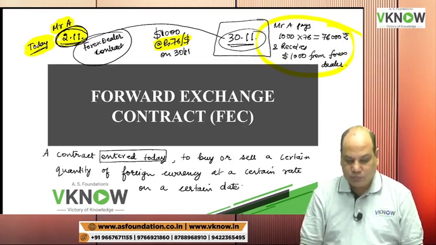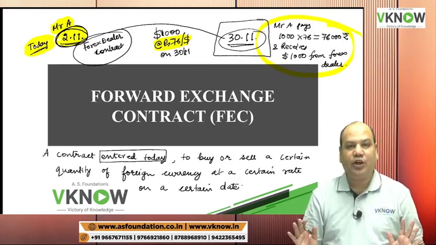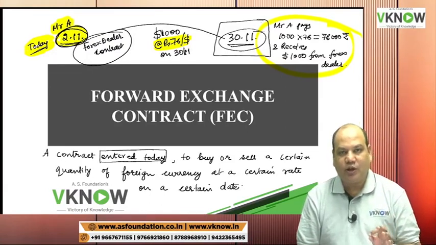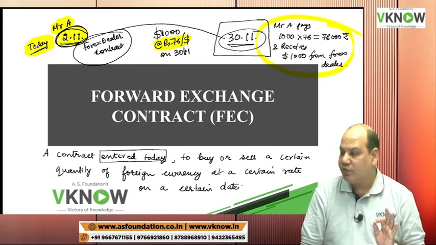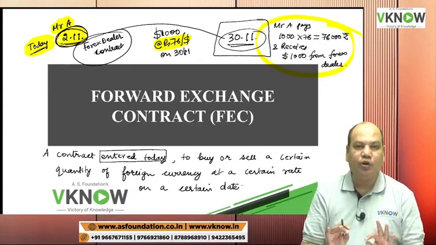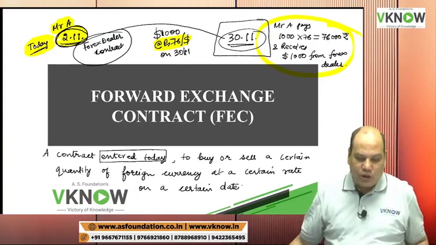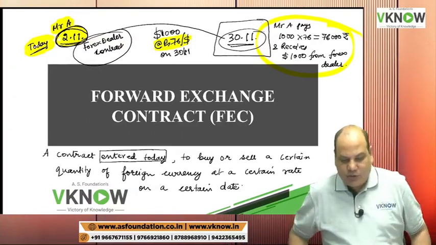So Mr. A has protected himself from the loss. This is called a forward contract for hedging purpose.